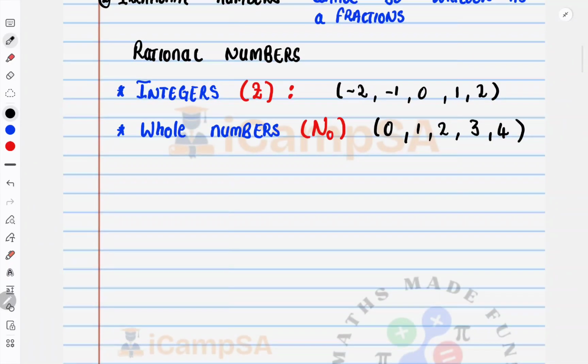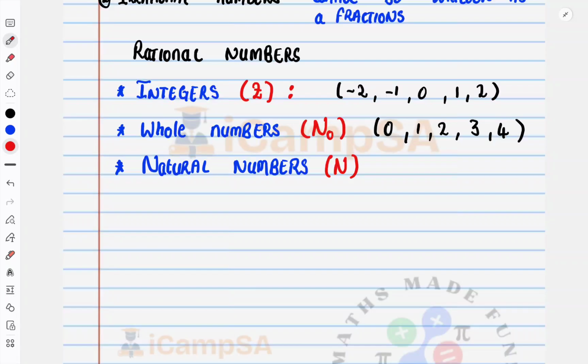From whole numbers, we have another set of numbers called natural numbers. The symbol for natural numbers is just an N without the zero subscript. The way I usually define natural numbers is that they are the numbers that we use to count natural things.